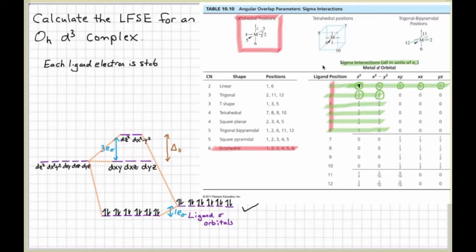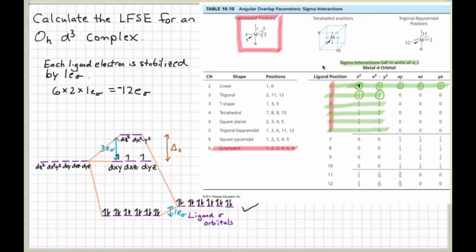So each ligand electron is stabilized. So 6 orbitals with 2 electrons each, each stabilized by 1 unit, is a total of 12 E sigma, the net energy benefit. We'll put a negative in front of that to indicate they are lowered in energy by that amount.